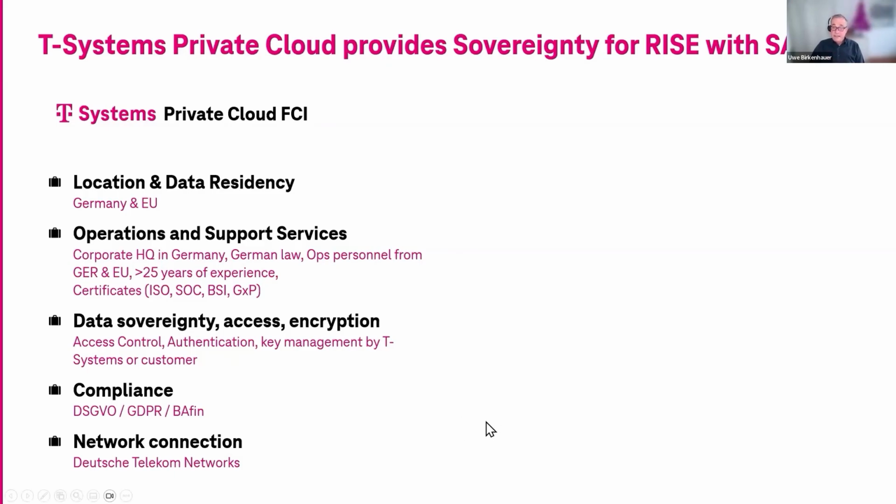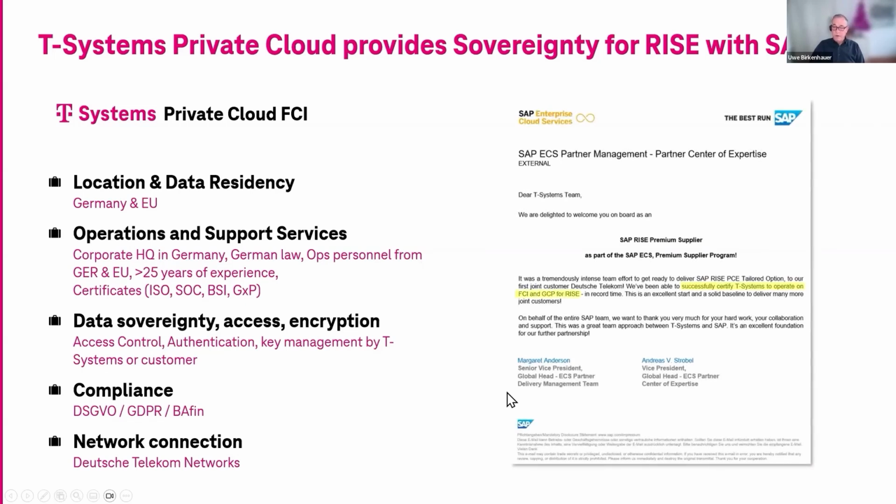And why is this important for RISE? Because this platform, as we call it, our future cloud infrastructure platform, is certified by SAP as one of the SAP target platforms for RISE with SAP, or Cloud ERP Private, as it's called now. We have been doing this for almost 2 years.